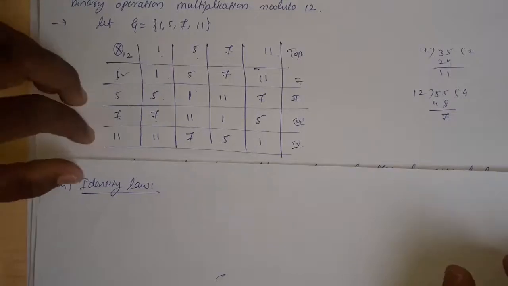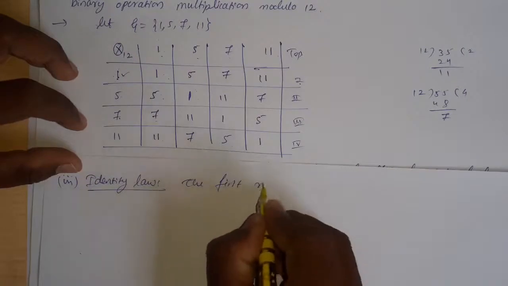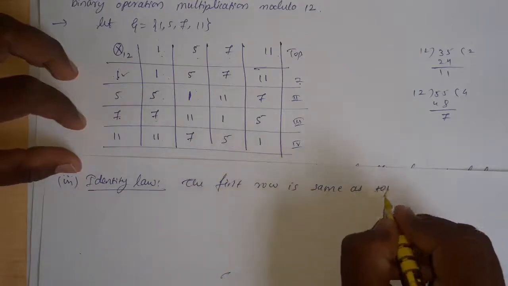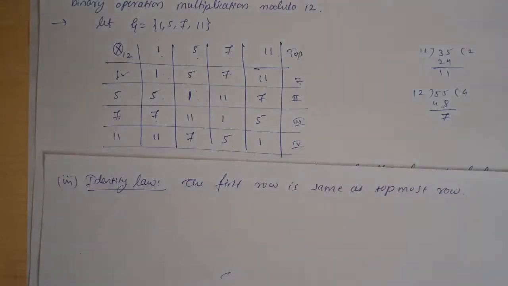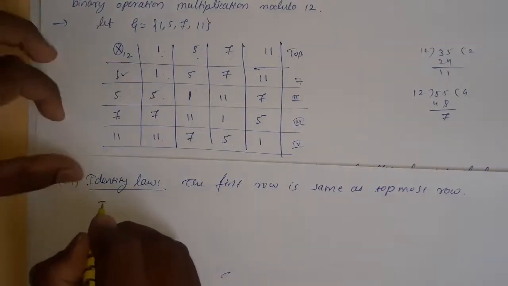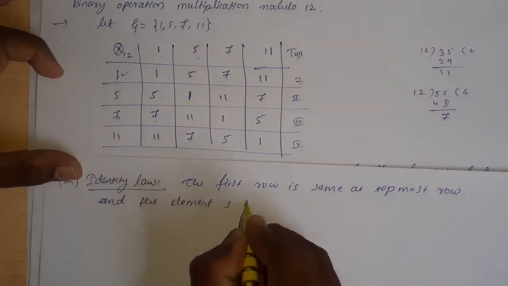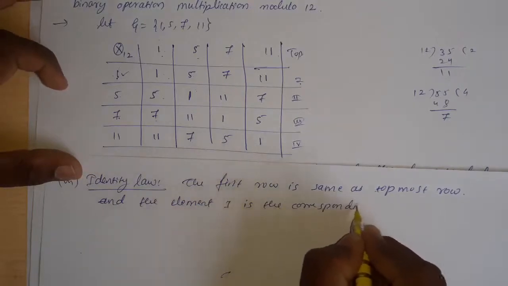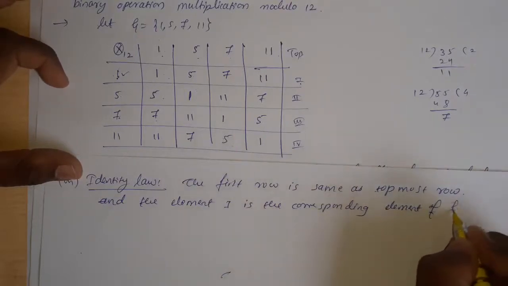So write down: the first row is the same as the topmost row, and the element 1 is the corresponding element of the first row.